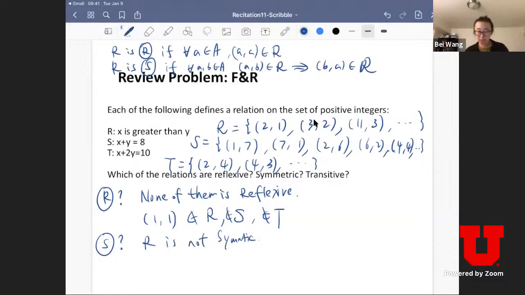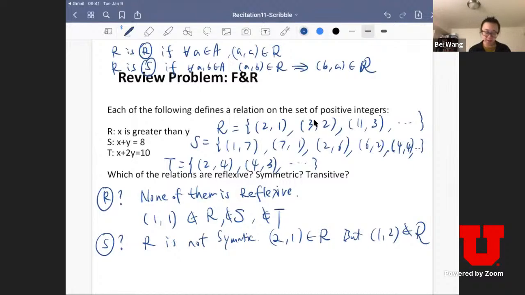Why? Because 2, 1 is in R, but 1, 2 is not in R, because 2 is bigger than 1, but 1 is not bigger than 2.